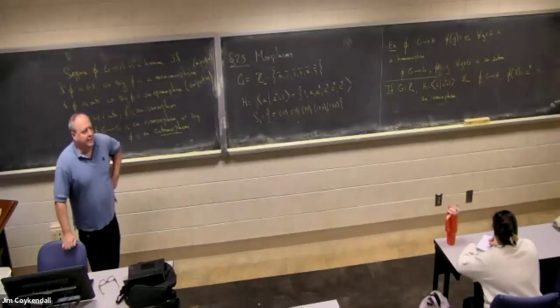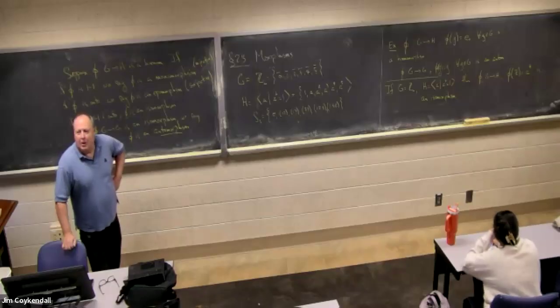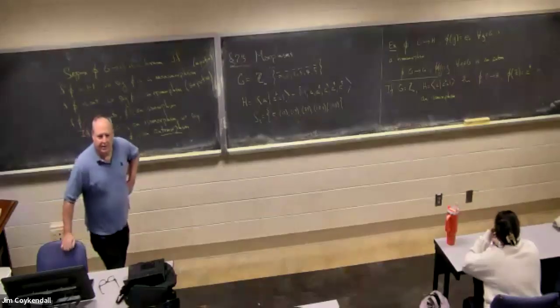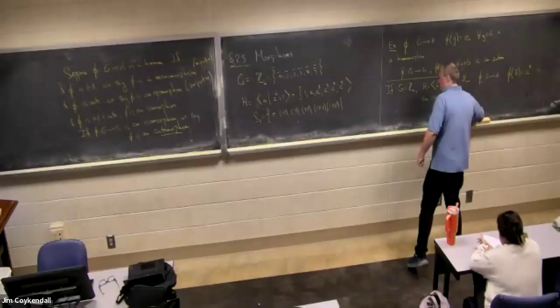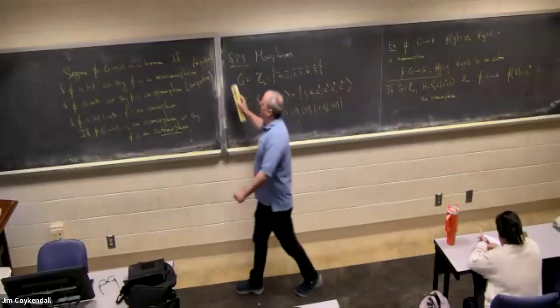Okay. Anybody remember an isomorphism from calculus? I didn't talk a lot about isomorphisms there. There's a very important one. And this will help, I think, demonstrate what I mean about the operation.